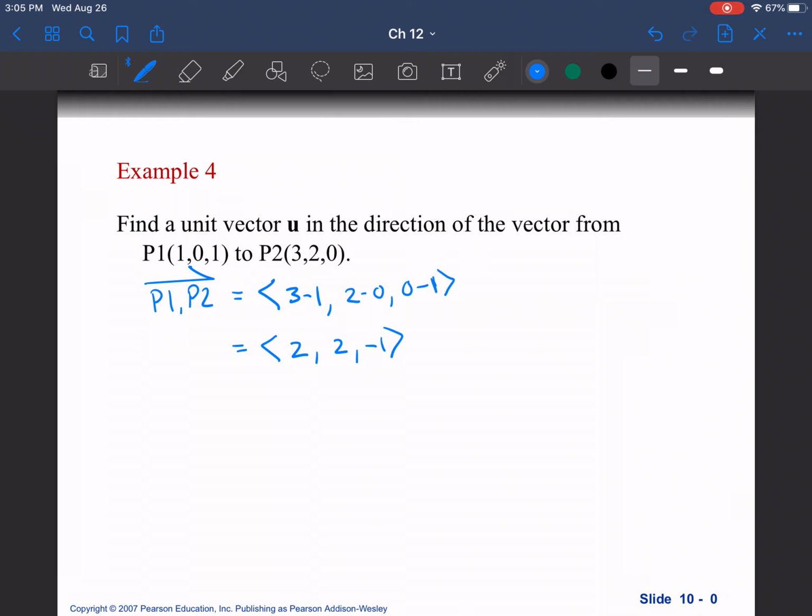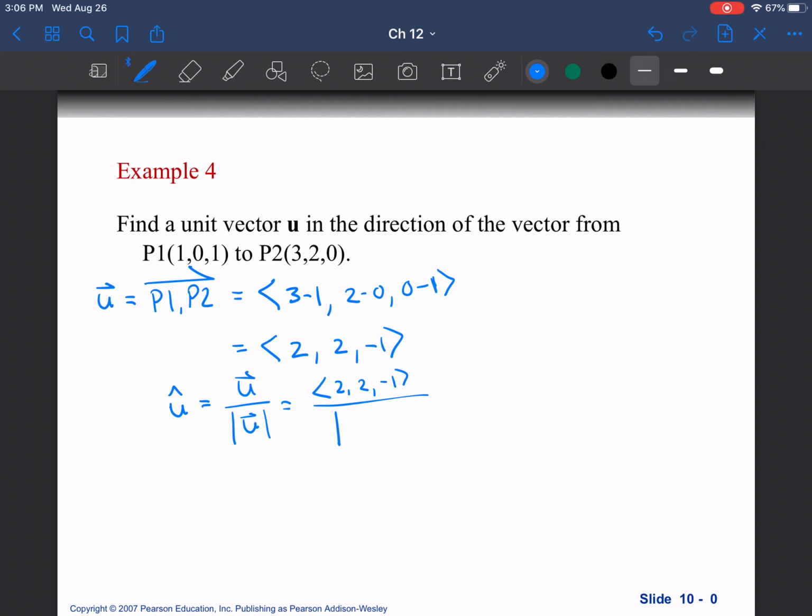Now what we want is the unit vector, P1, P2. And in fact, just so I can write this easier, I'm going to call this vector u. So we want the unit vector, which is going to be the u vector over the magnitude of the u vector, which is the u vector 2, 2, negative 1, divided by the magnitude of that u vector.